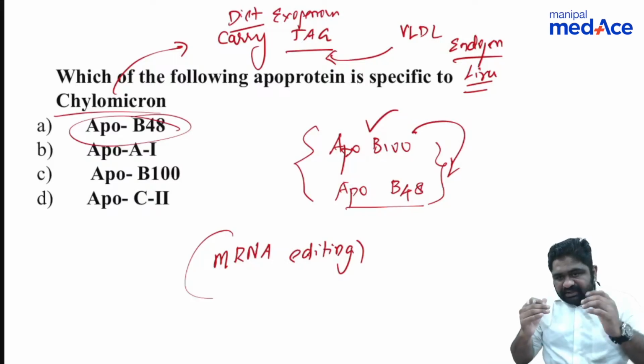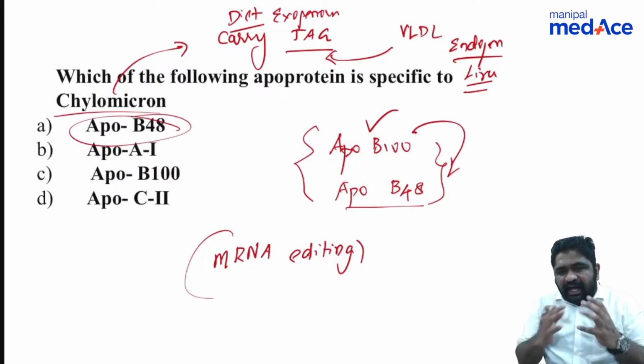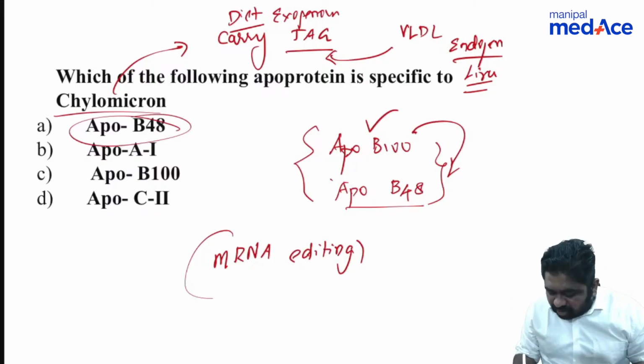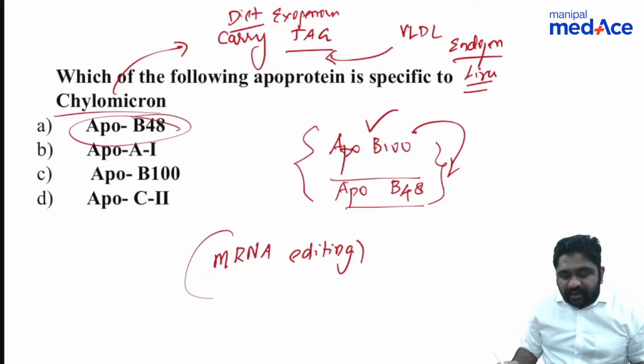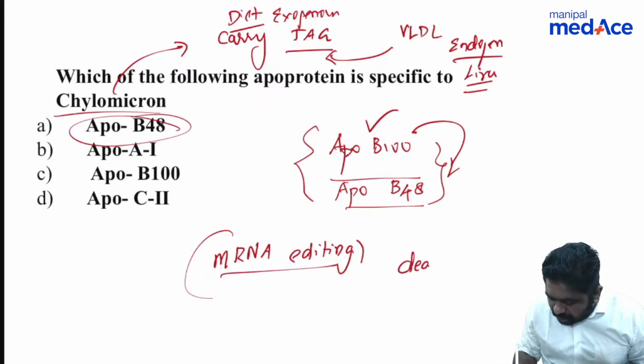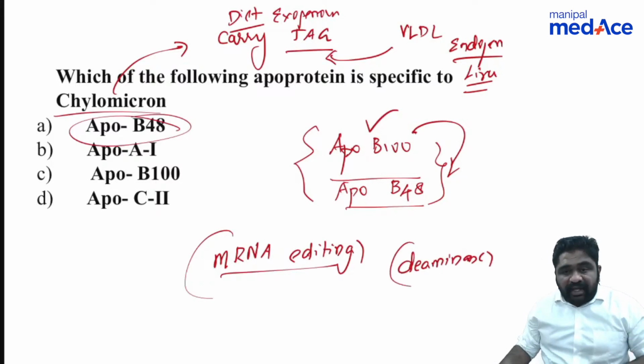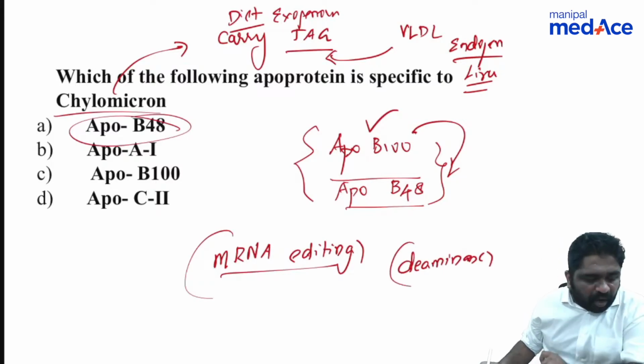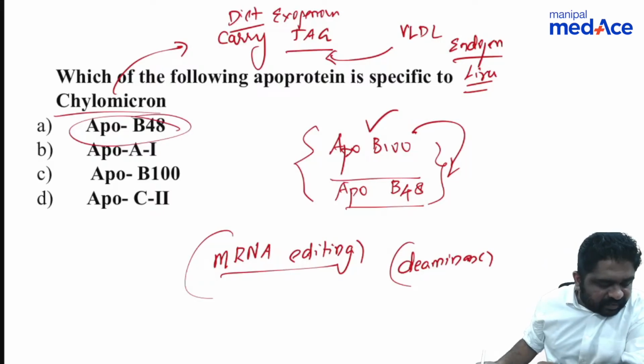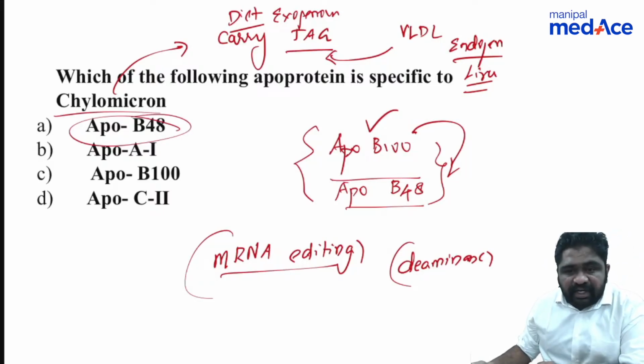Now, how does the intestinal cell have this difference of having B48 rather than going for B100? The concept is mRNA editing. You will be having an enzyme called deaminase. Can anybody tell me what deaminase it is? Excellent, human nature, that is correct. Can you tell me what deaminase are we dealing with now?